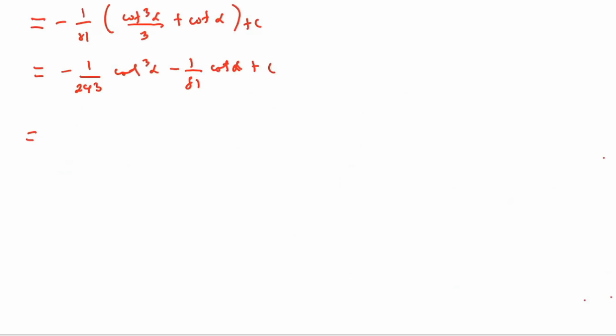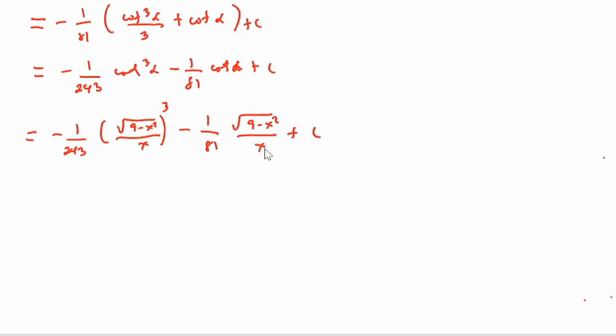So therefore, we can now write the negative of 1 over 243 times the square root of 9 minus x squared over x, raised to the power of 3, minus 1 over 81 times the square root of 9 minus x squared over x, and then plus a constant.